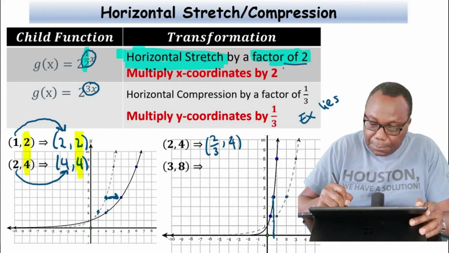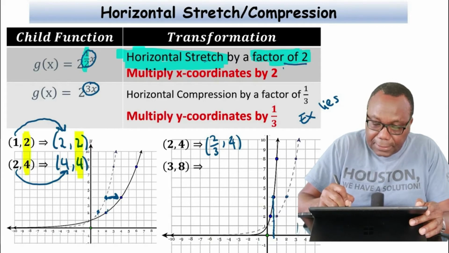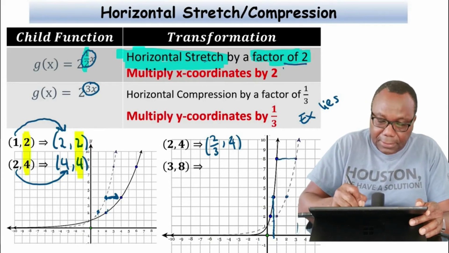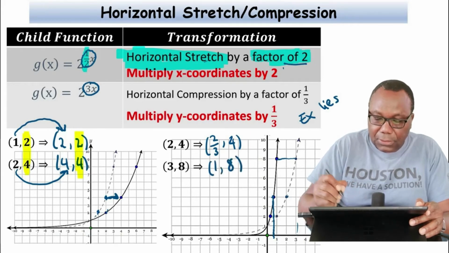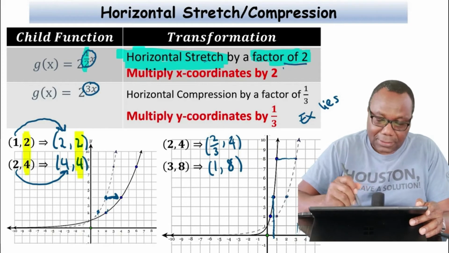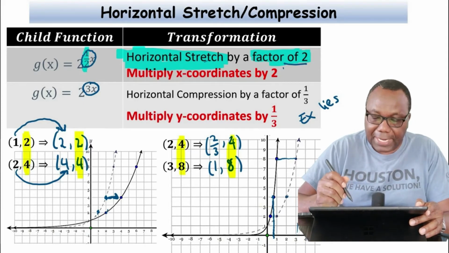Whereas the 3,8 is now dragged to 1,8. So we can see there that the output value stays the same, but the input has been divided by 3.